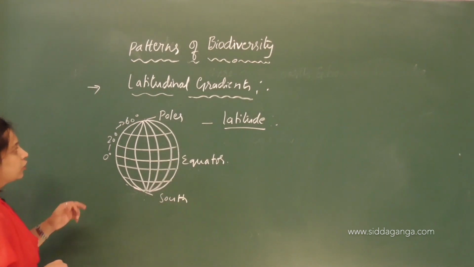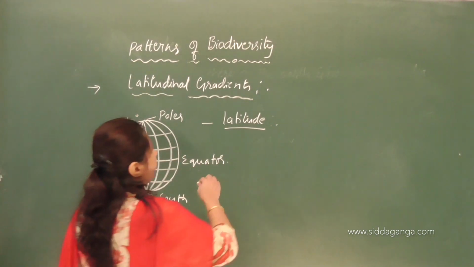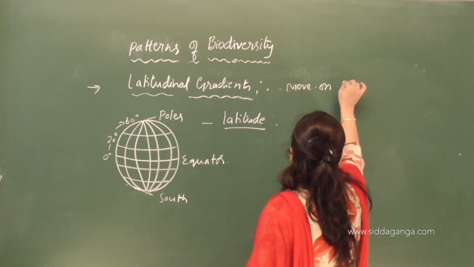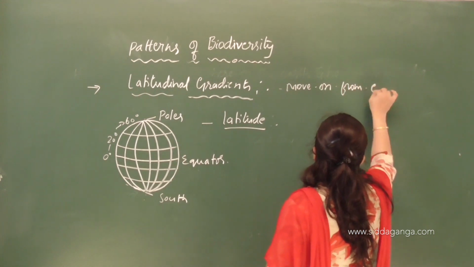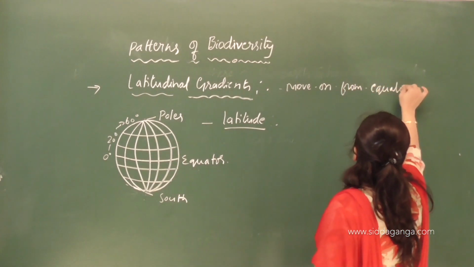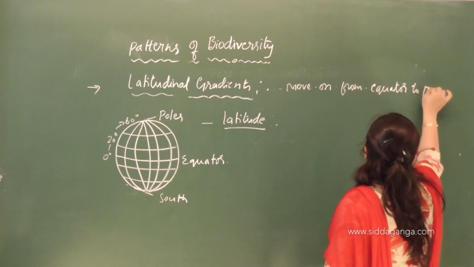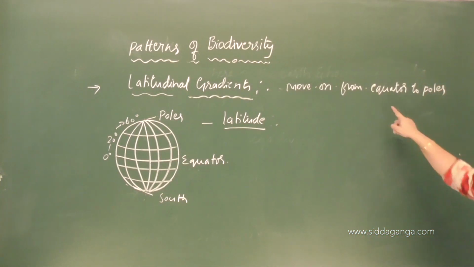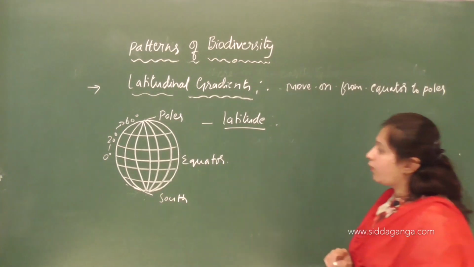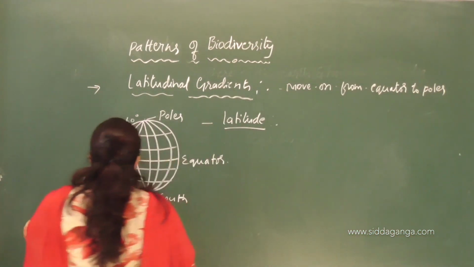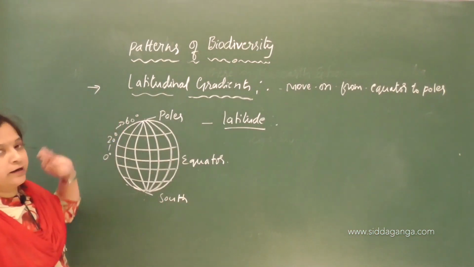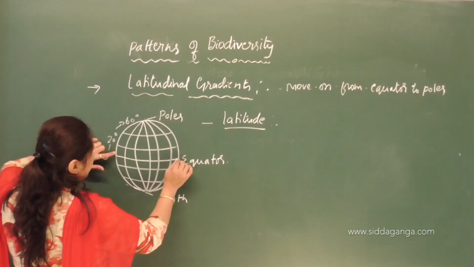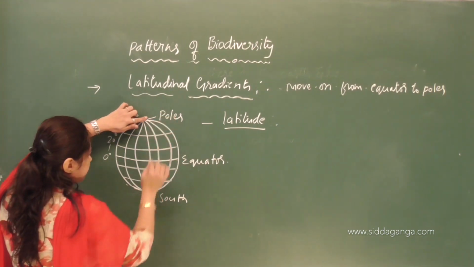Let us see. As we move on from equator to poles, what happens? The species diversity declines. This is the equator and these are the poles, north pole and south pole.